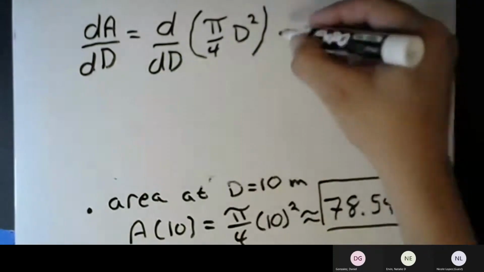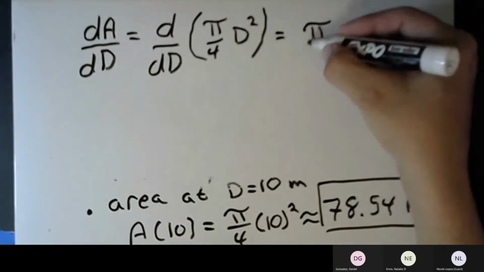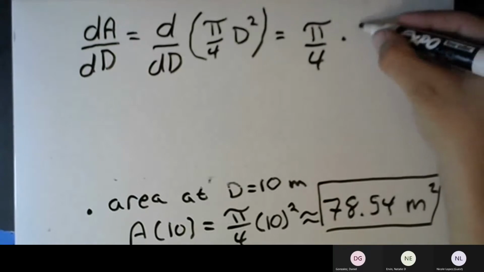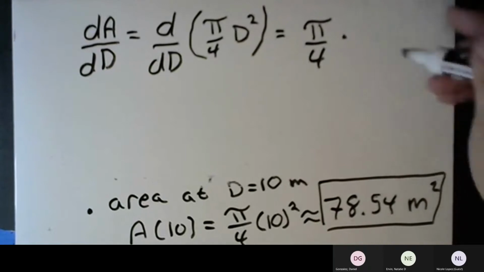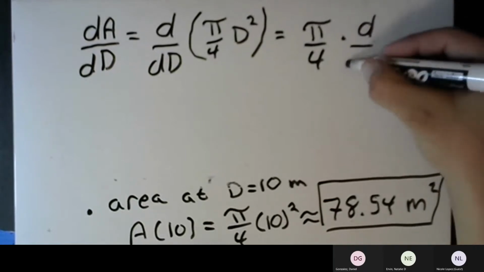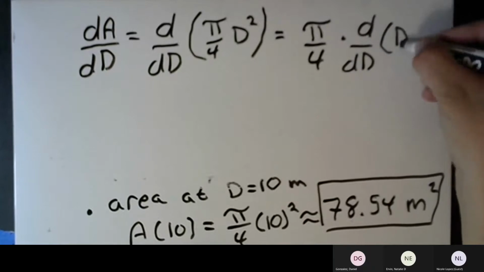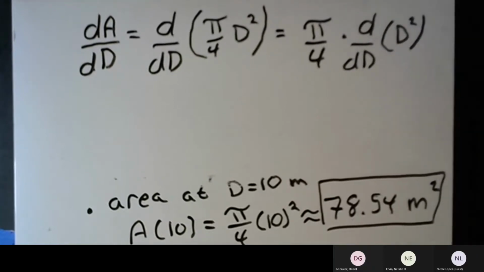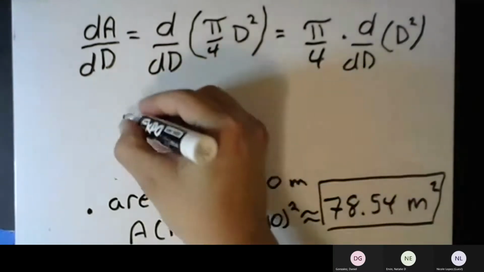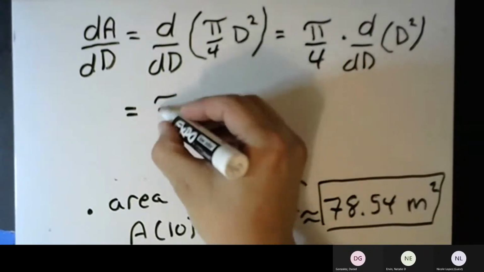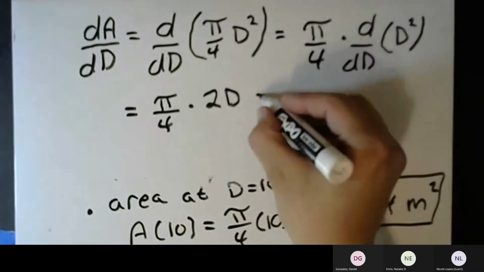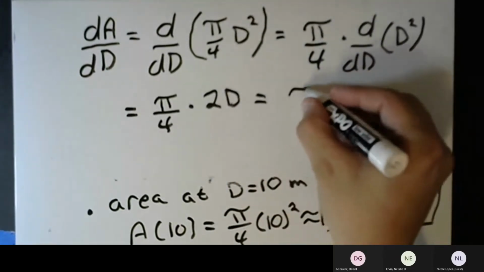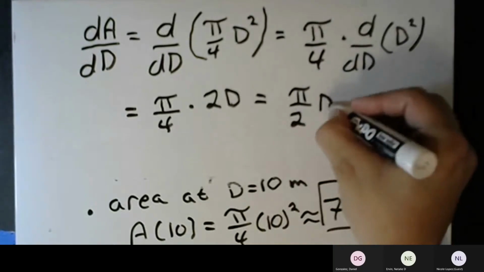And what this is going to come out to is pi over 4 times 2 times d, or, we'll not go so quickly, we'll get this. And this will simplify to pi over 2d.